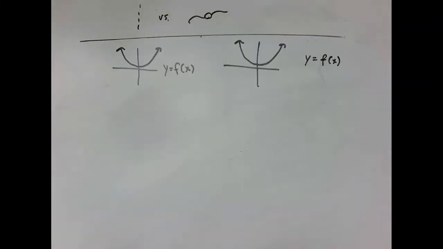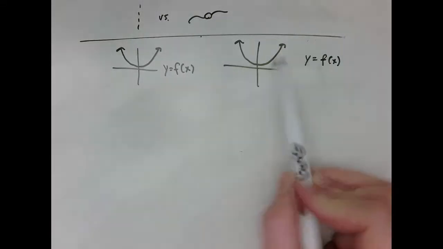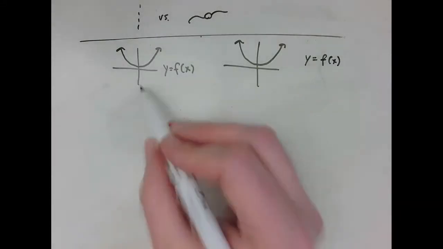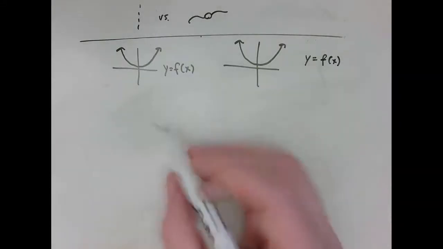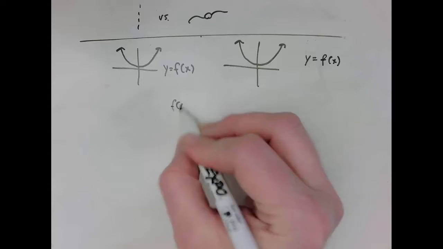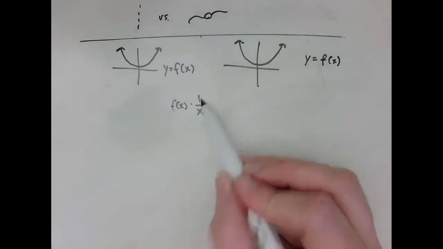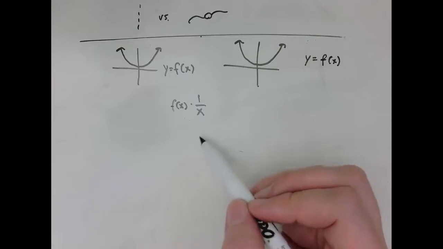So you can use this idea to take any function that you want and put in discontinuities if you wanted to. So we could take like the x squared function and we could add a removable discontinuity wherever we want, or a vertical asymptote wherever we want. So let's pretend we wanted to add a vertical asymptote at 0. You just have f of x times 1 over x, because you know that 1 over x has a vertical asymptote at 0.